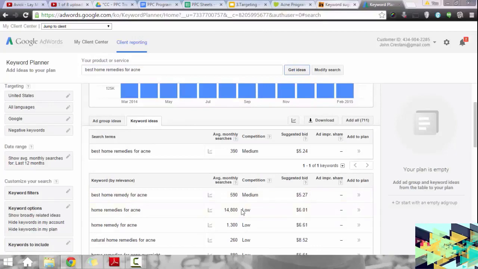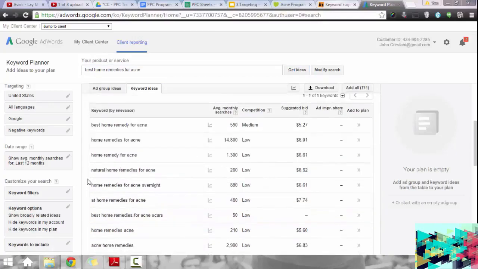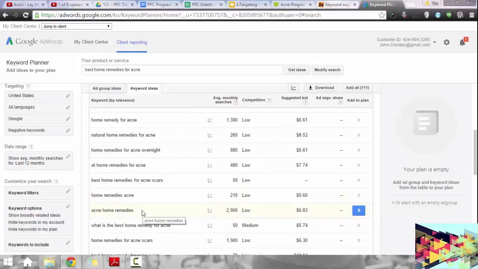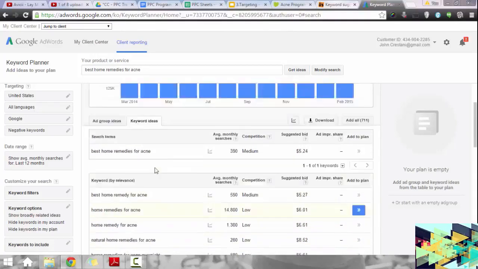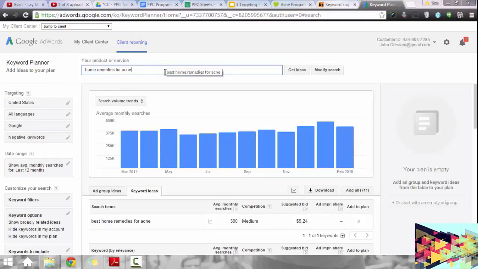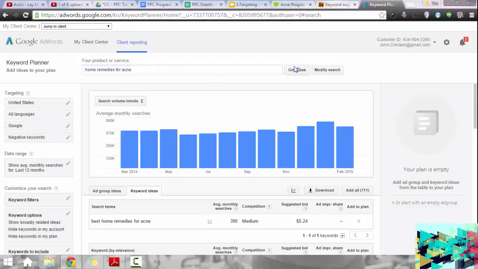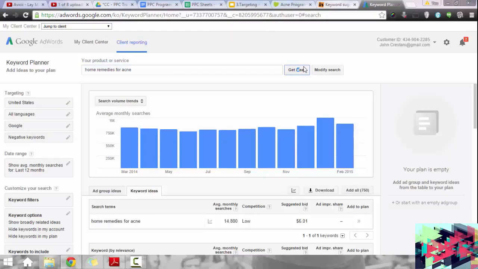Best home remedies for acne. Home remedy for acne. So let's say I were a little bit of an aggressive business owner, and I said I really want to go after home remedies for acne because that's exactly what we help out with.